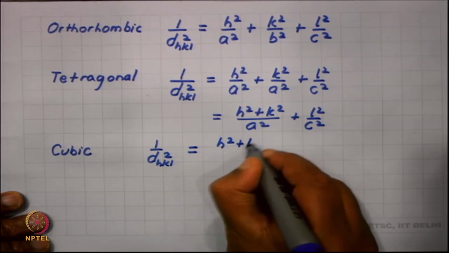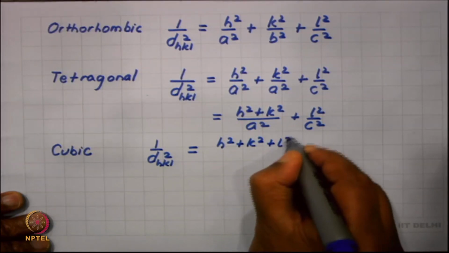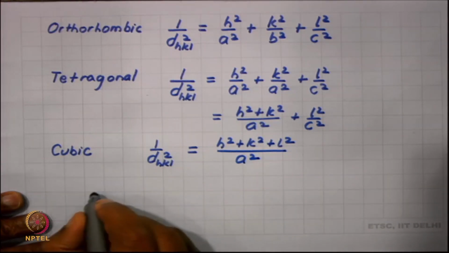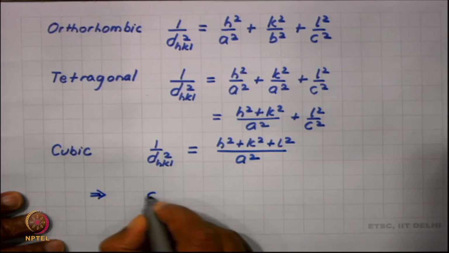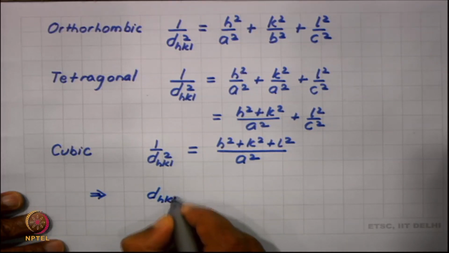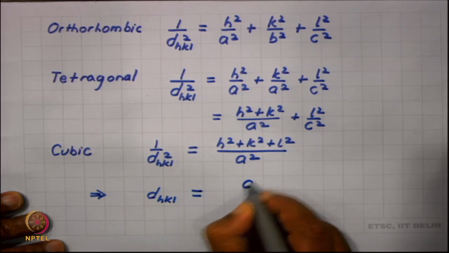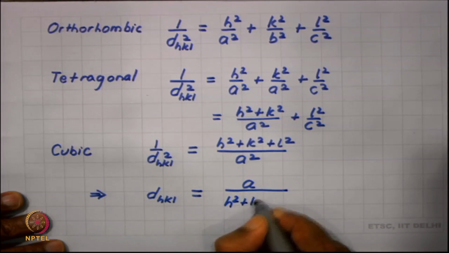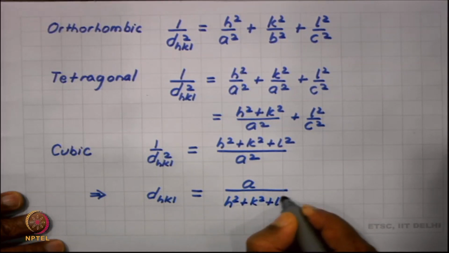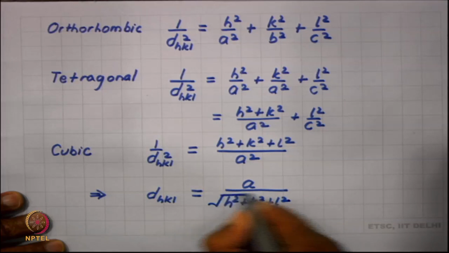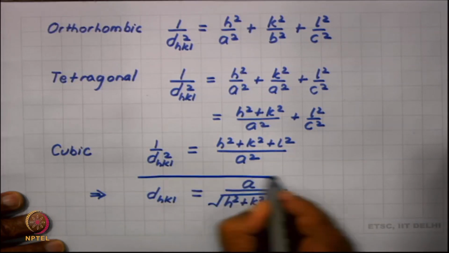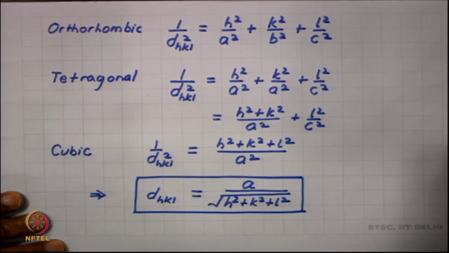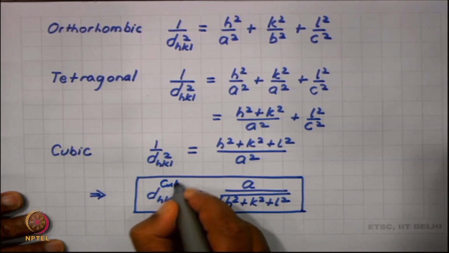This is sometimes simplified for writing directly in terms of d_hkl. So, we rearrange and take the square root: d_hkl equals a divided by the square root of h squared plus k squared plus l squared, and this is for cubic.